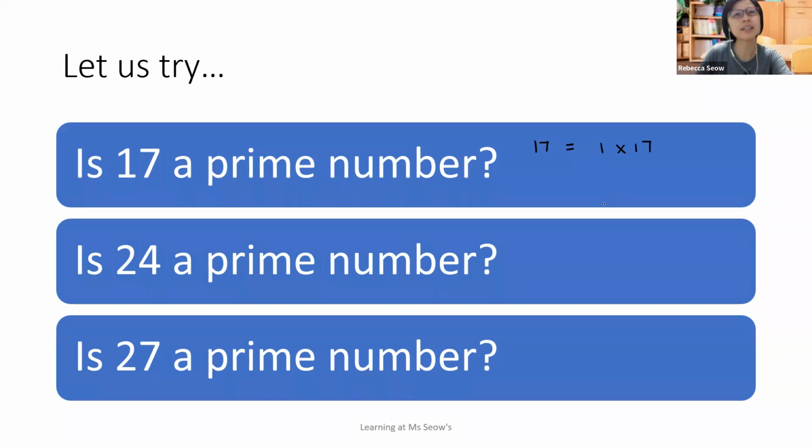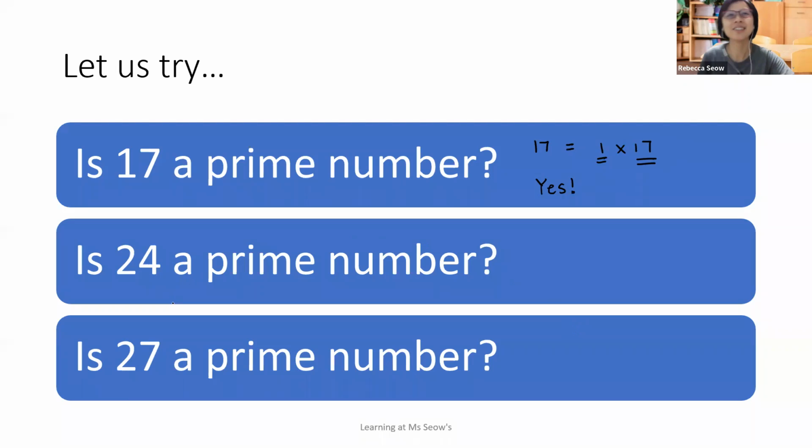And can we find any other numbers that multiply to give 17? None, right? So if there are only two factors, and one of the factors is 1, the other is itself, then 17 is a prime number. So I'm going to answer it with a yes. It is a prime number.